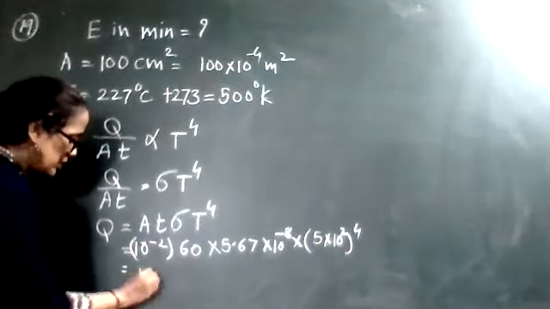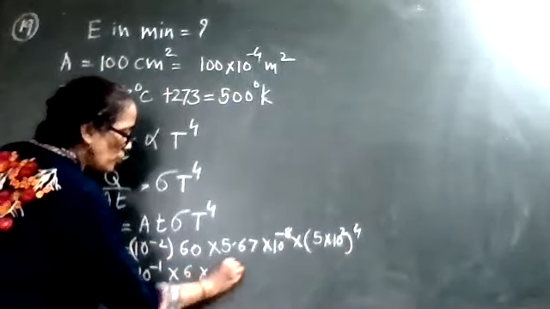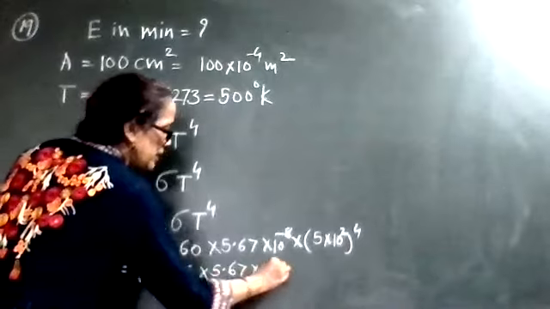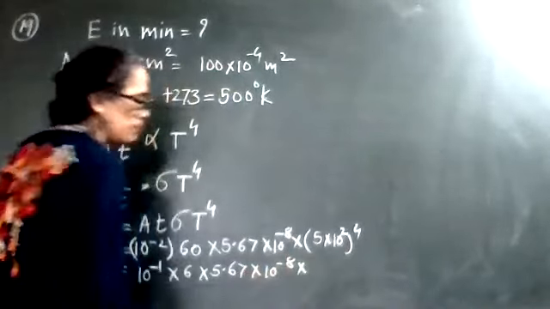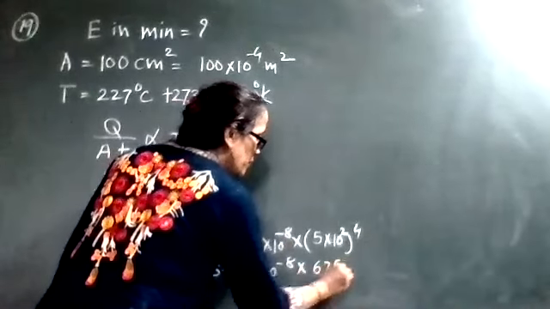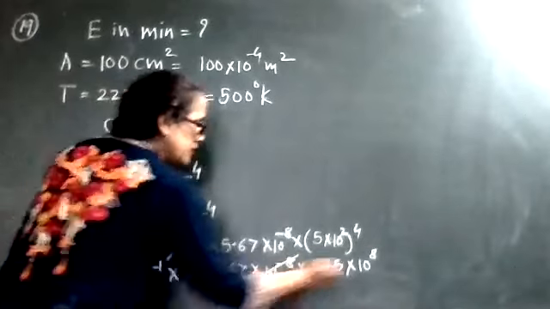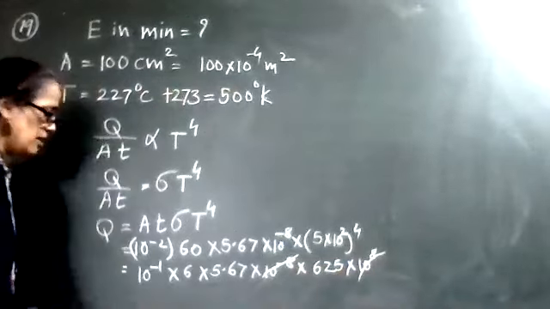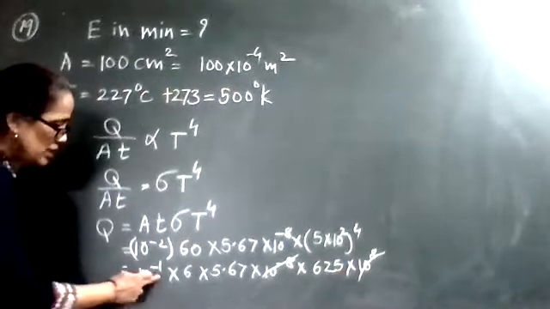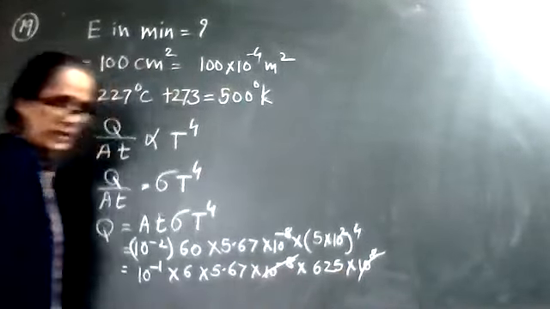Here the powers will add, so 10 raised to minus 1 multiplied by 6 multiplied by 5.67 multiplied by 10 raised to minus 8 multiplied by 5 raised to 4, which is equal to 625 into 10 raised to 8. 10 raised to minus 8 and 10 raised to plus 8 will get cancelled. What is remaining? 10 raised to minus 1, 6 into 5.67 multiplied by 625.